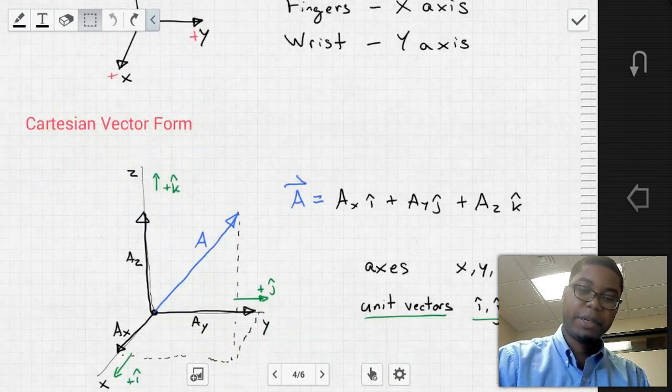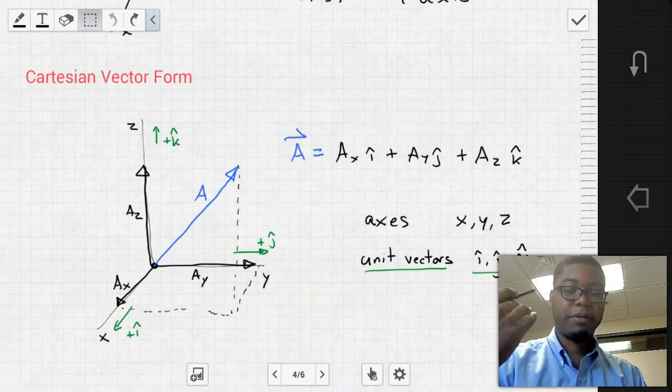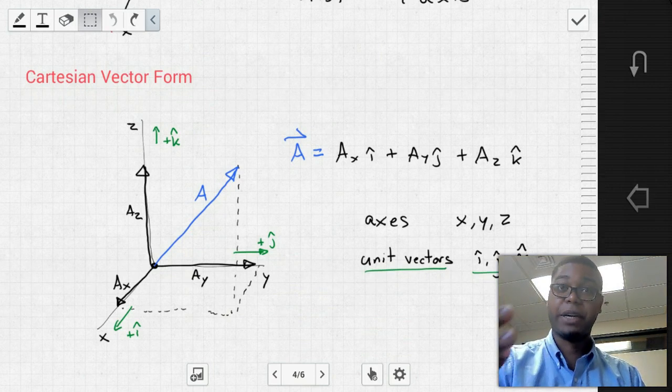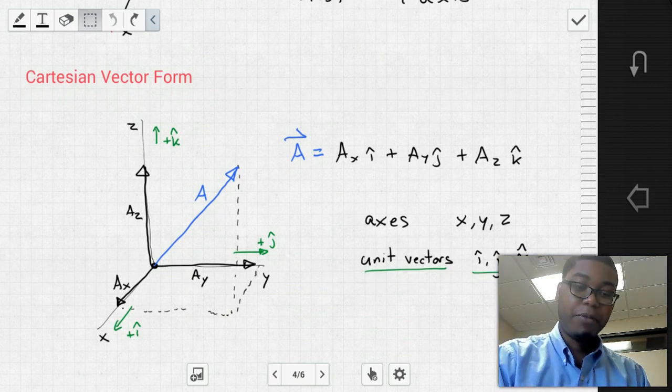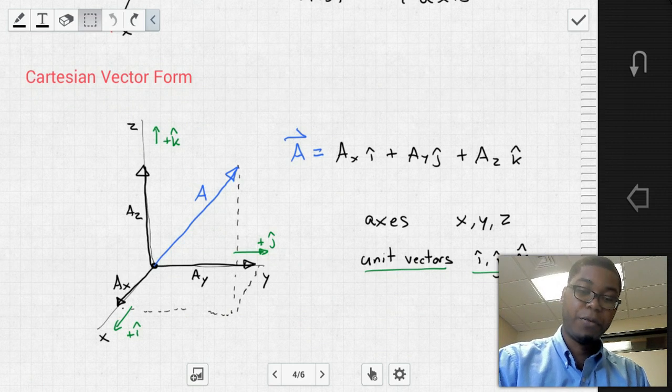Okay, so in the past we've been looking at 2D, let's think about a 3D vector. Say we use the right hand rule and we create our coordinate system x, y, and z. Well, the x has a unit vector of positive i, y has a unit vector of positive j, and z has a unit vector of positive k.